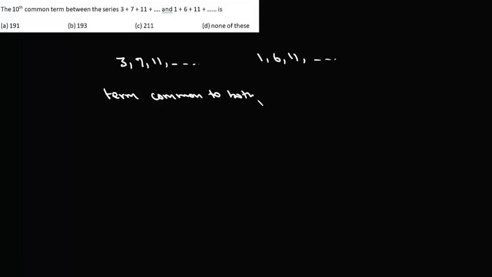Now here the question is, the 10th common term between the series is. So we are given 2 APs, 3, 7, 11 and 1, 6, 11. Now we know that terms common to both the series will also be an AP with common difference equal to the LCM of the common differences of the two series. Here the common difference is 4 and here the common difference is 5.